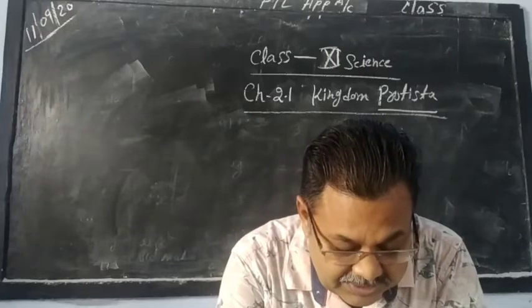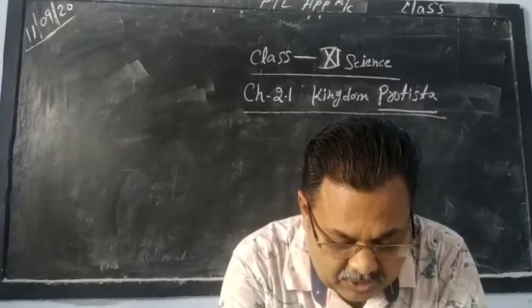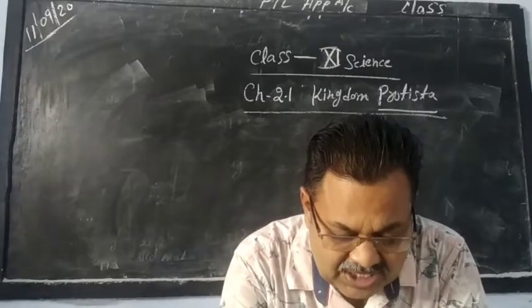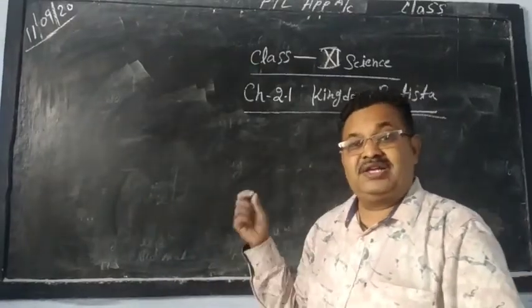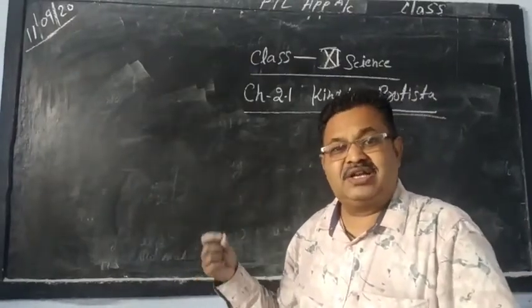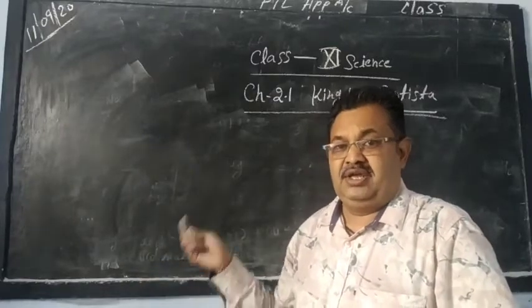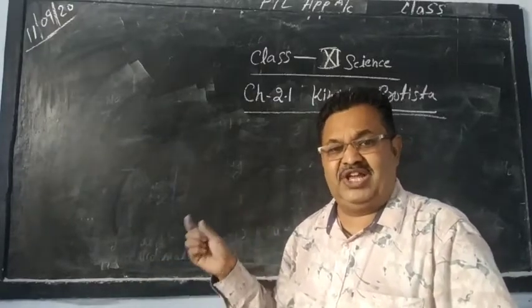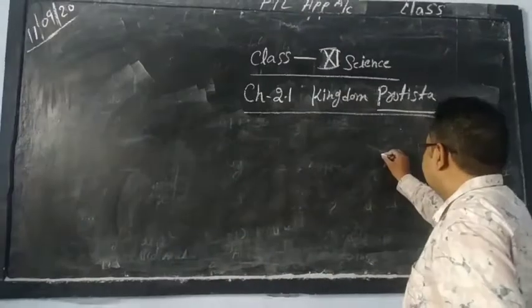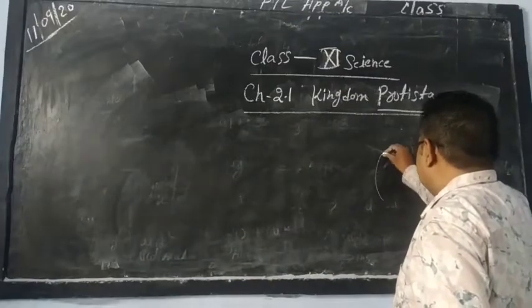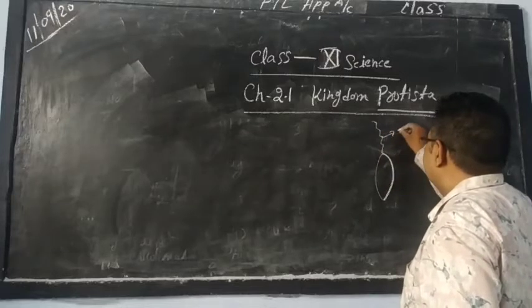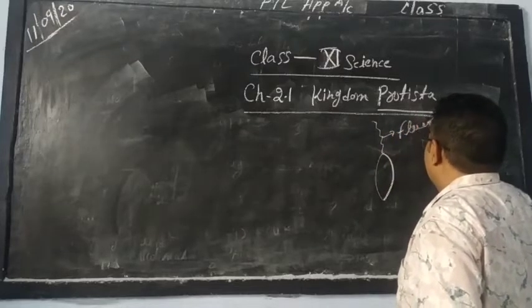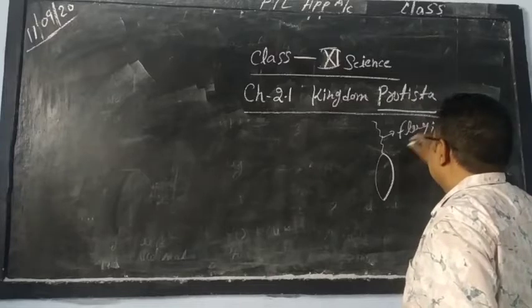Next one is the locomotory organs of these organisms, which are flagella, cilia or pseudopodia. First one is flagella. This type of locomotory organ is known as flagella.